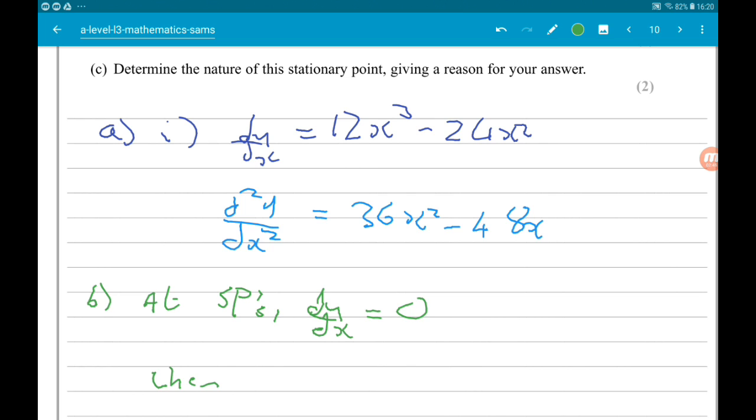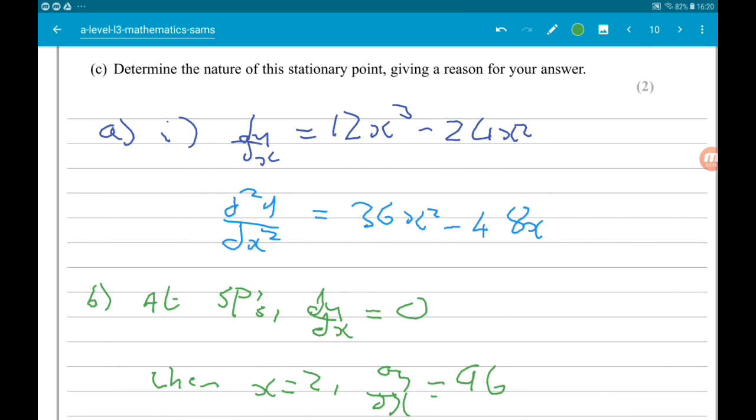When x equals 2, dy by dx is 12 times 2 cubed, which is 12 times 8, which is 96.